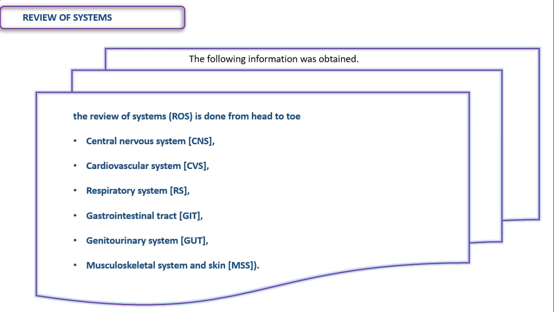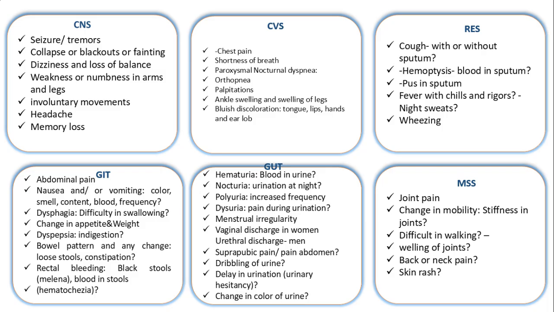But you, as a medical student, need to ask about these things because you're going to present them to your bosses, your consultants, your senior doctors, your registrars, and your fellow students. It's going to help you catch other problems that the patient is having and help the patient. In each particular system, there are symptoms that you need to ask about that help you come up with what's wrong with the patient.